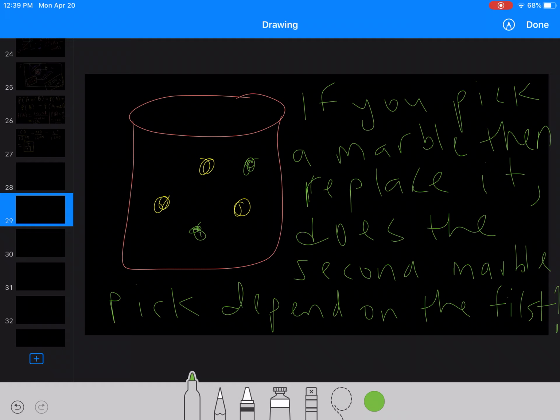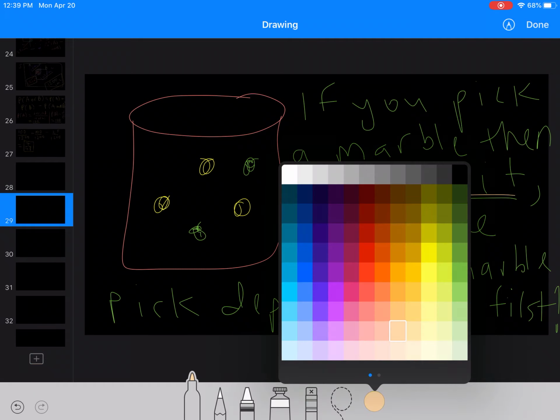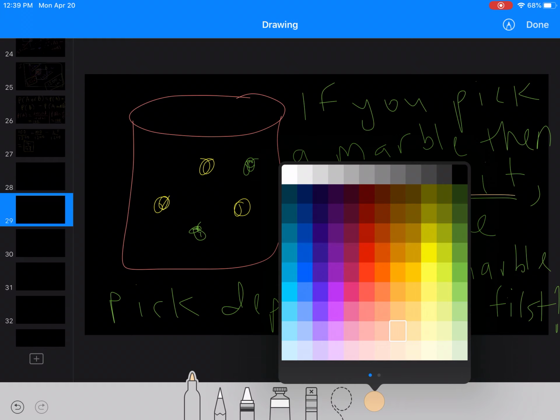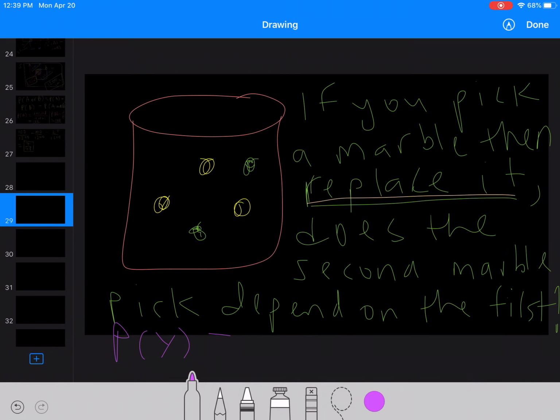Okay, so this is known as a replacement problem. So when you see the word replace, we're dealing with a replacement problem. So let's say we find the probability of selecting a yellow marble here. The probability of yellow, well, that would be 3 out of 5. Okay, but we put the yellow one back in there.